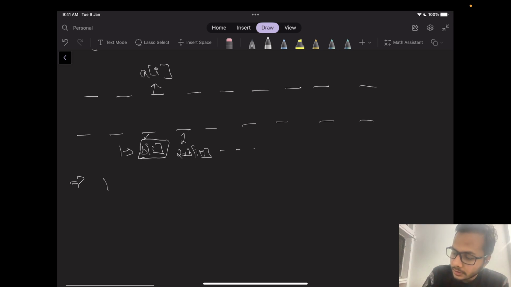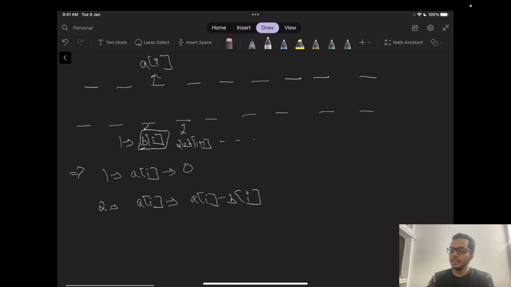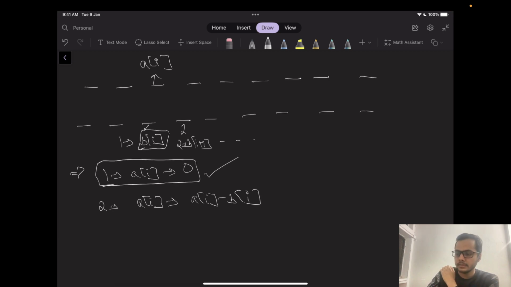So the first case is that ai becomes zero, and the second case is that ai becomes ai minus bi. Now, if ai becomes zero, then the ith tea will not contribute to any other person and our work is done. We can just say that the ith tea contributes ai to the ith person and nothing to anyone else. So if this is the case, then we are done.